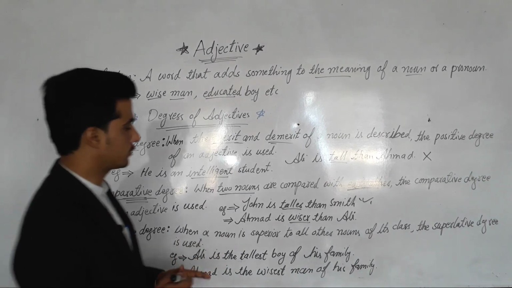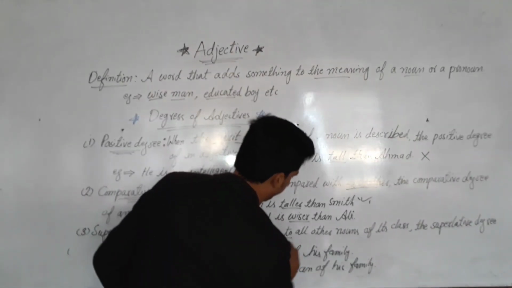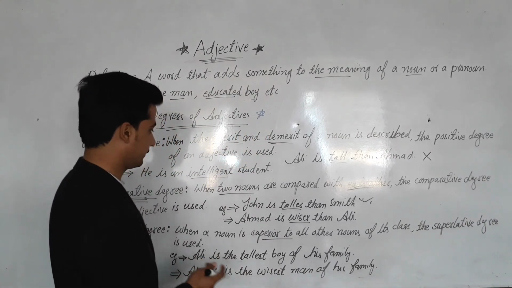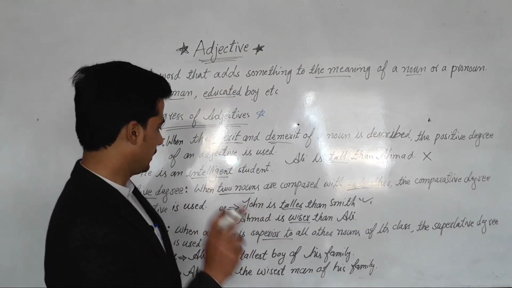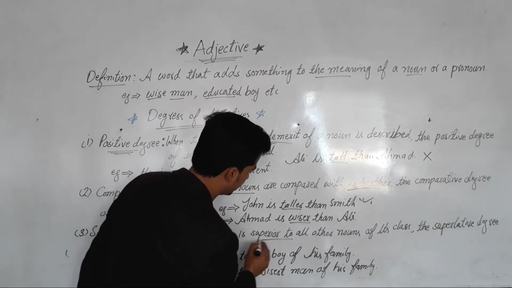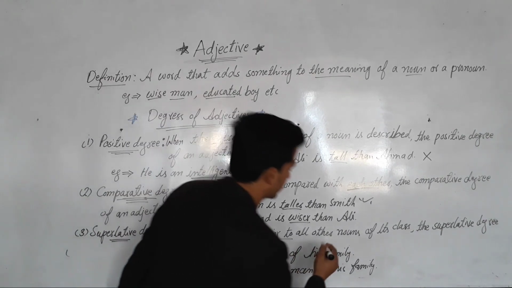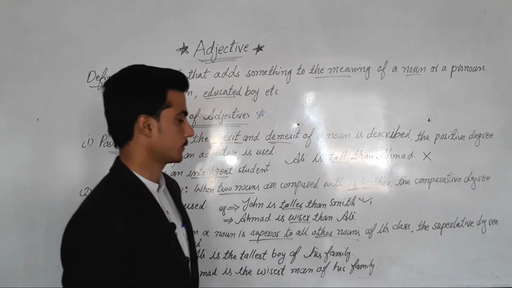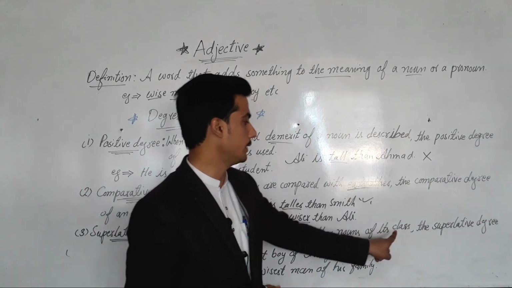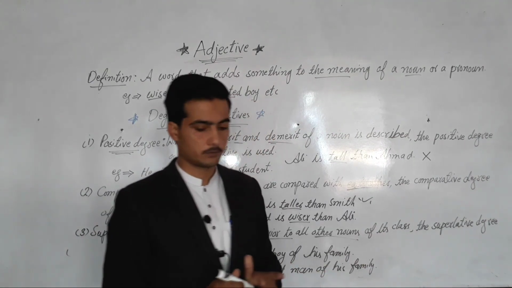When a noun is superior to all other nouns of its class, the superlative degree is used. Now just keep in mind there are some points. When a noun is superior to all nouns, we can say the other nouns, but you need to keep in mind that should be of its class.